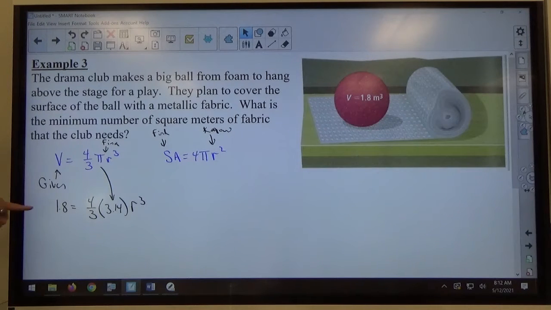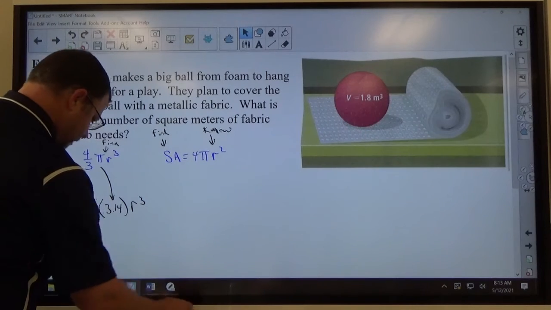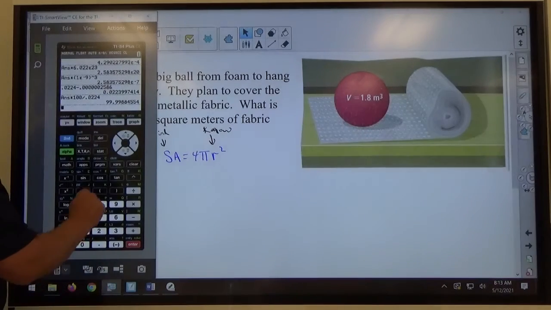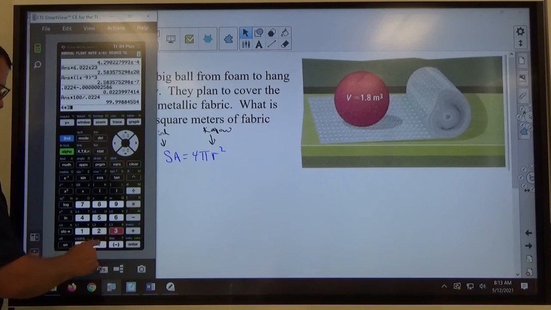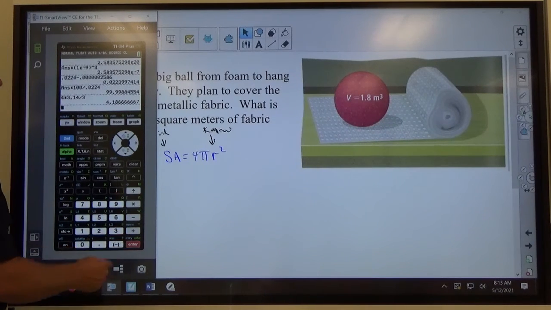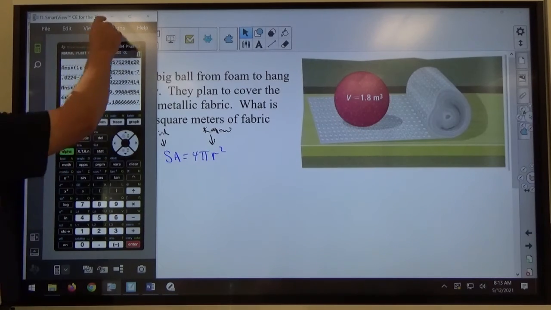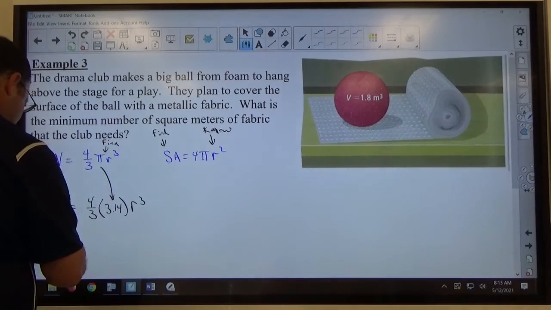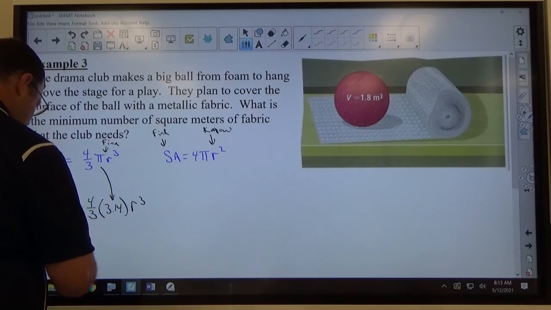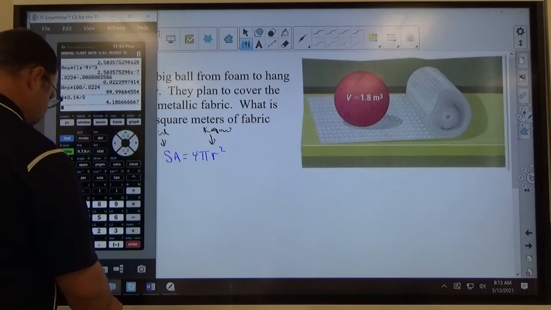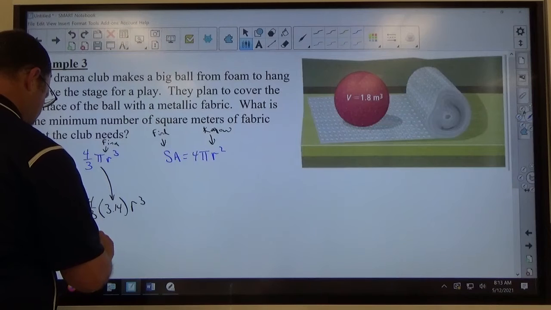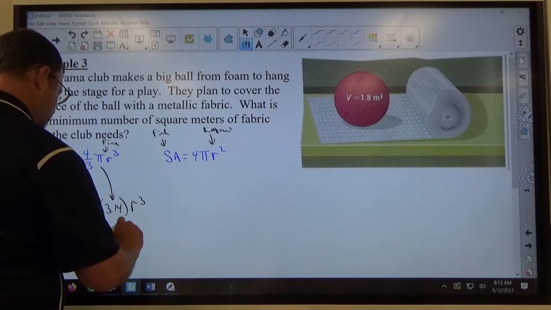For me personally, I'd probably get a decimal approximation for 4/3 times 3.14. If I type in 4 times 3.14 divided by 3, that's 4.1867, going to 4 decimal places. So 1.8 equals 4.1867 r cubed.